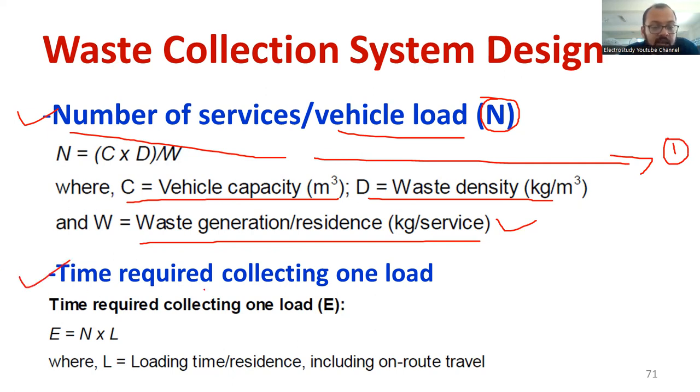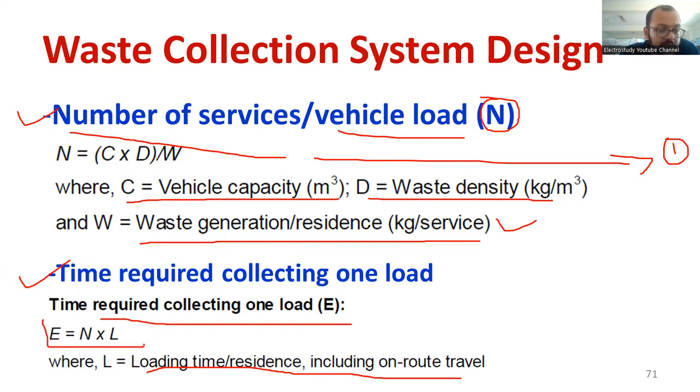Later, how do you calculate the time required for collecting one load? We have a formula. The time required for collecting one load is represented by the letter E. That is given by the product of the number of services and the loading time. So E is given by N into L. Let me call it equation number 2.